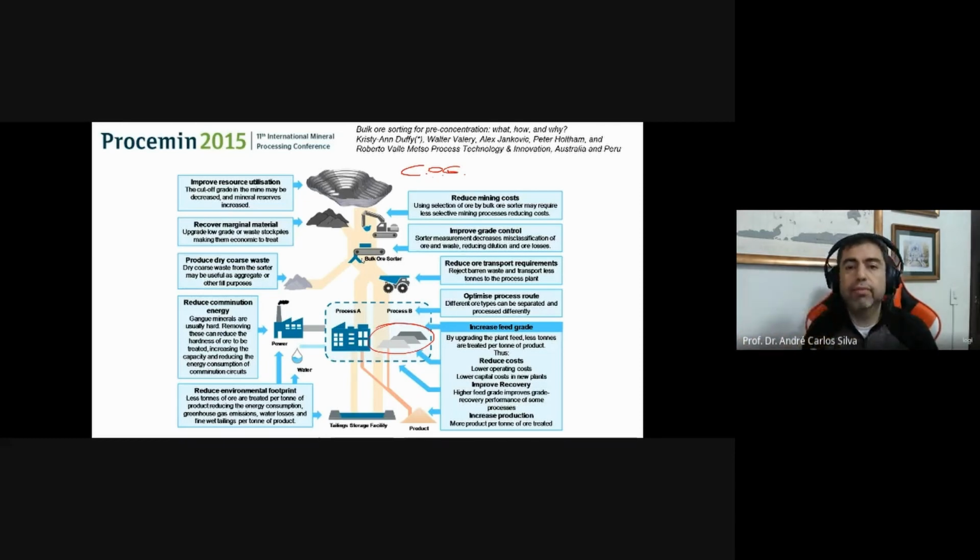We don't have enough ore in it, or my grade is too low, so I cannot work with this block, just remove it. But if you have a better mineral processing plant or technique, then you can reduce your cutoff grade. And that's huge. Why?